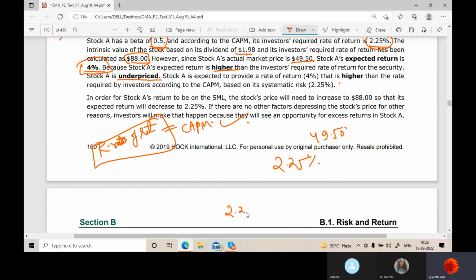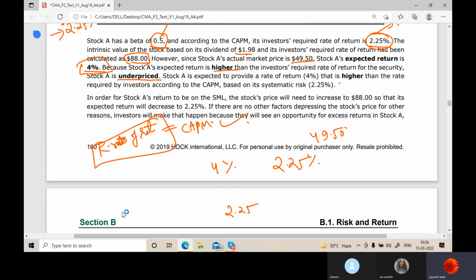The company is giving you 2.25, and in the market the rate is 4%. Let's say, you come to that concept of bond price. The required rate of return is 2.25, that is the required one. Suppose the company is giving you 2.25 and in the market the return is 4%. So will your stock be overpriced or underpriced? Please tell me.